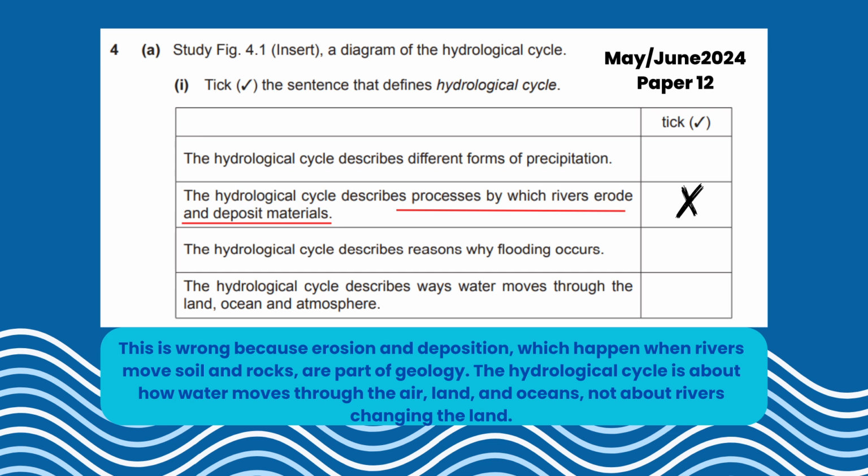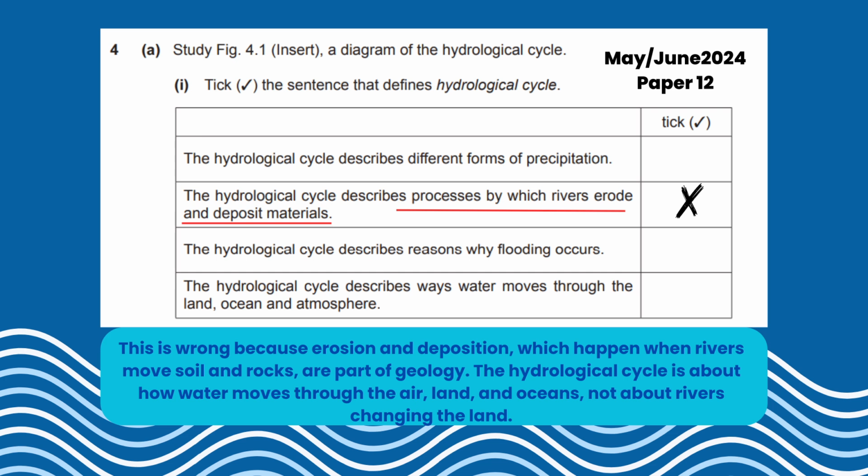Erosion and deposition are actually parts of geological processes. These two processes are from the geological side and not really part of the hydrological cycle. Again, the hydrological cycle focuses only on the water movement and not the land movement.